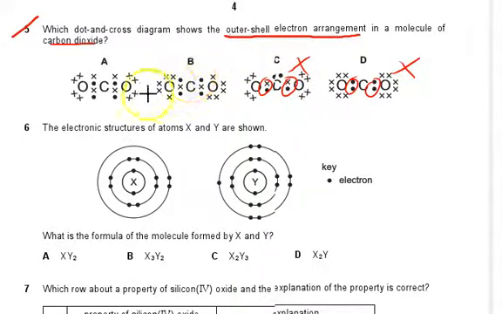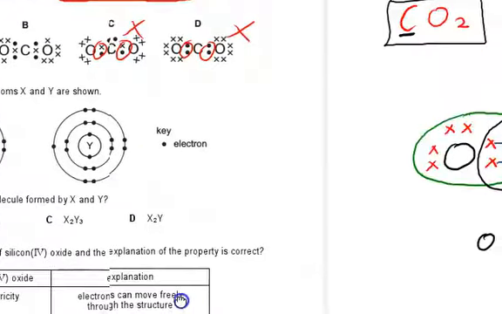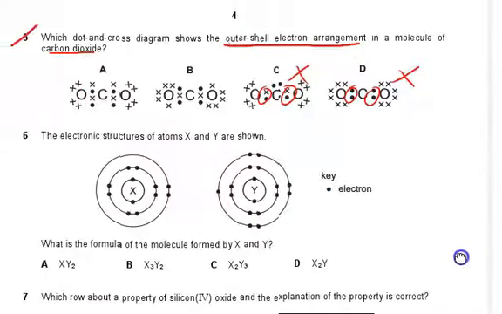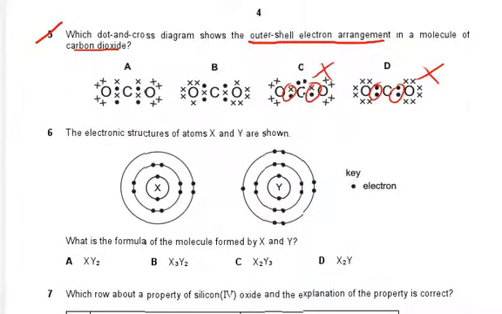Same goes for B. Here we need 4 electrons at this part. Now we go back to this, and as you can see, only A matches. We have 4 electrons and 4 electrons being shared. So this is our answer for number 5.